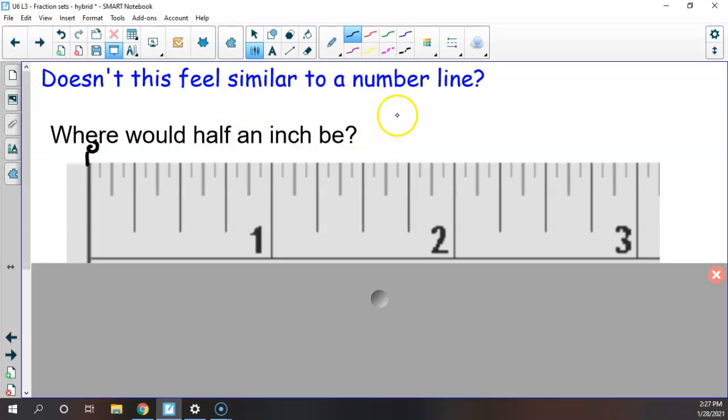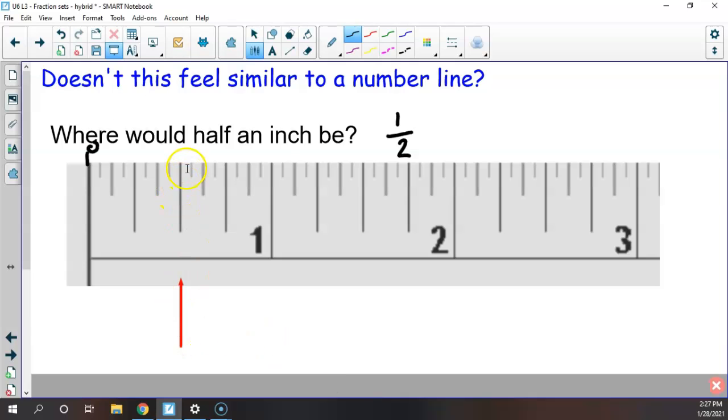Now remember, half is the same thing as this fraction 1/2. If you guessed that 1/2 was right where this red arrow is pointing, you are correct. That is exactly 1, 2 jumps to the 1 inch. So this 1 right here would be 1/2.